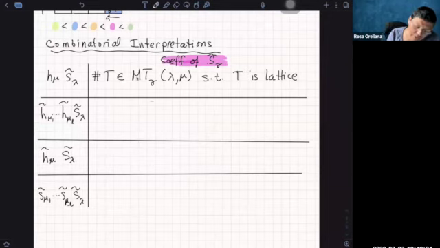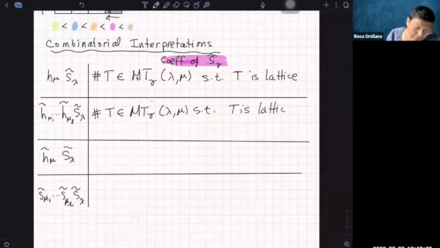It's the coefficient of that in this product. This counts the number of T in multiset tableau gamma lambda mu, such that T is lattice. But in addition, you have that the entries are sets, so no repetitions allowed in the boxes.